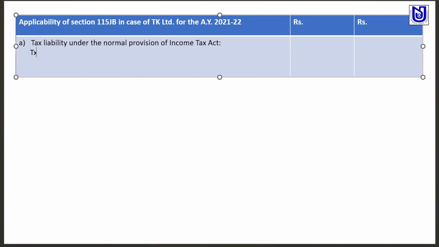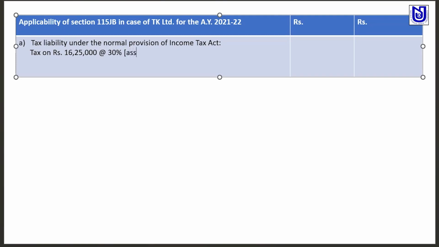So tax on rupees 16,25,000 at the rate of, you have to apply the rate. What is the rate? You can assume the rate 30% or 25% as you prefer. Say we are considering 30%.